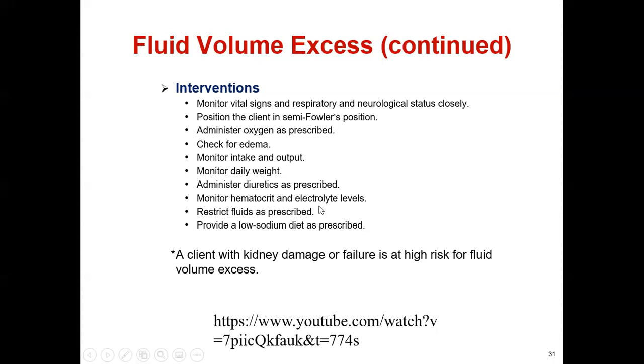Monitor hematocrit and electrolyte levels. Restrict fluid as prescribed and provide a low sodium diet as prescribed. Oxygen and diuretics are very important for the patient. A client with kidney damage or failure is at high risk for fluid volume overload.